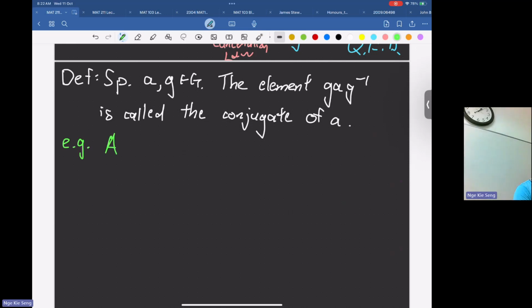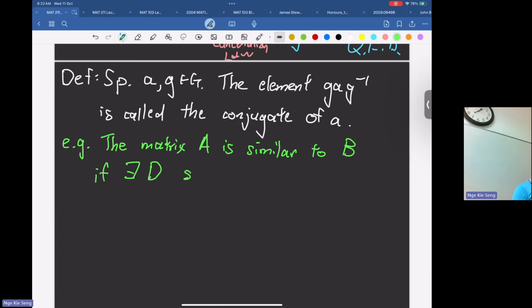The matrix A is similar to another matrix B if there exists D such that A equals D B D inverse. Or diagonalizable, right? If B is a diagonal matrix, then we say that A is diagonalizable. Okay, soon we will see how important this is.